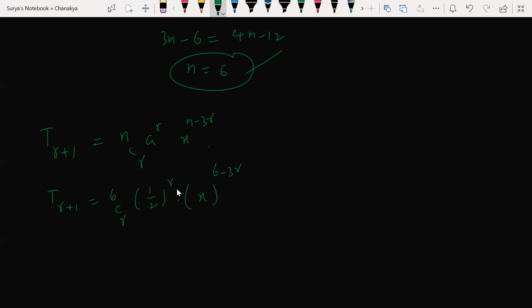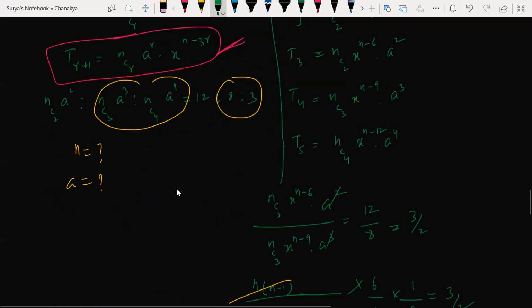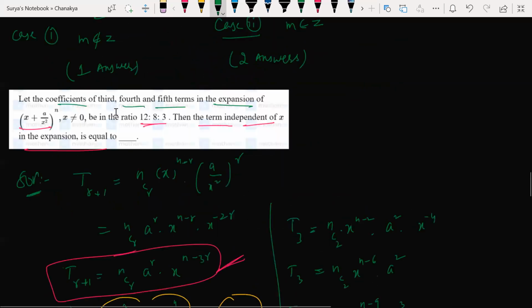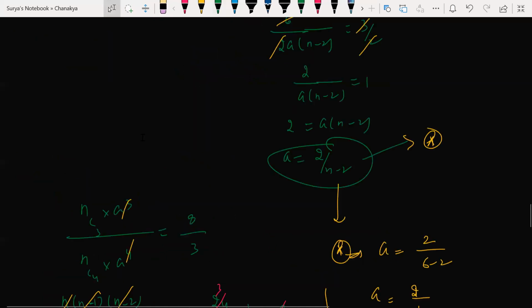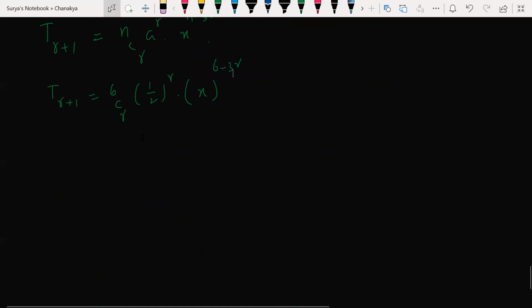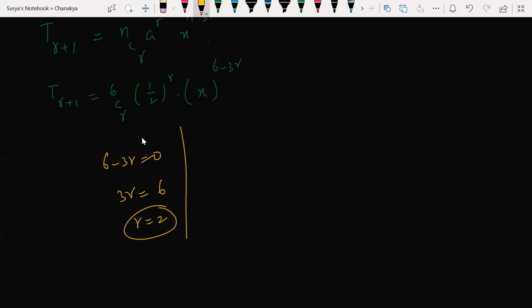So guys, for finding r value, what do we have to do? 6 minus 3r is equal to 0, r value is equal to 2, right?